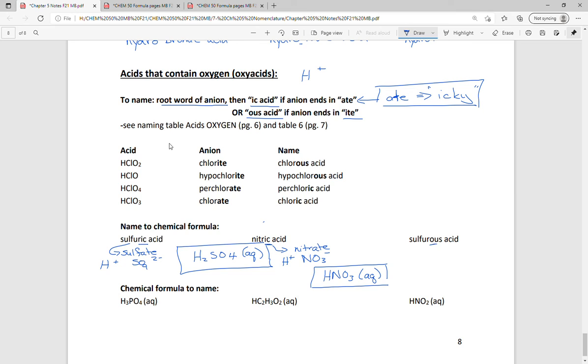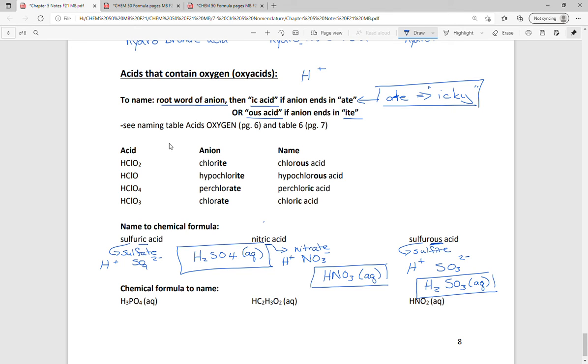Sulfurous acid, so as soon as I see us, it is the ite part, so sulfite is the polyatomic I'd look up, and so that's SO3 2-, and again with this it's hydrogen as the cation, so making it electrically neutral, I'd have H2SO3 aqueous.